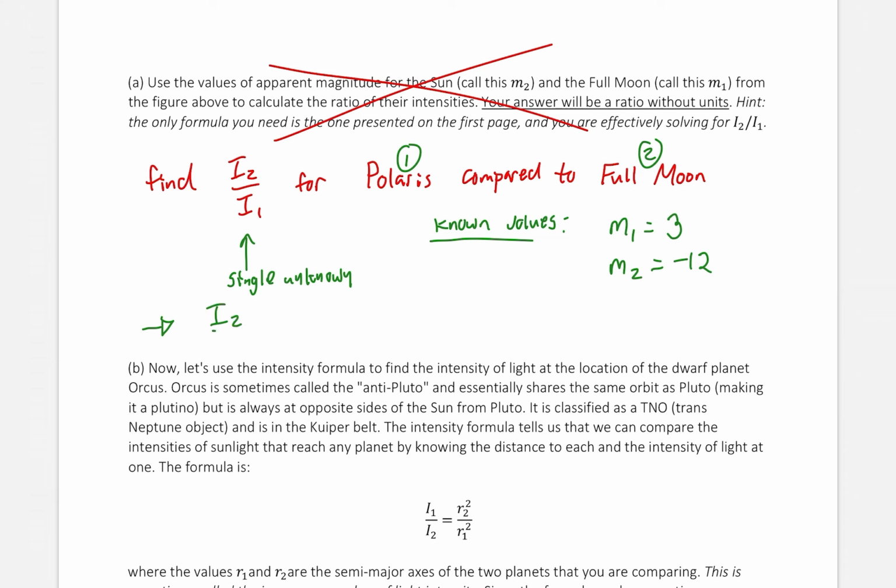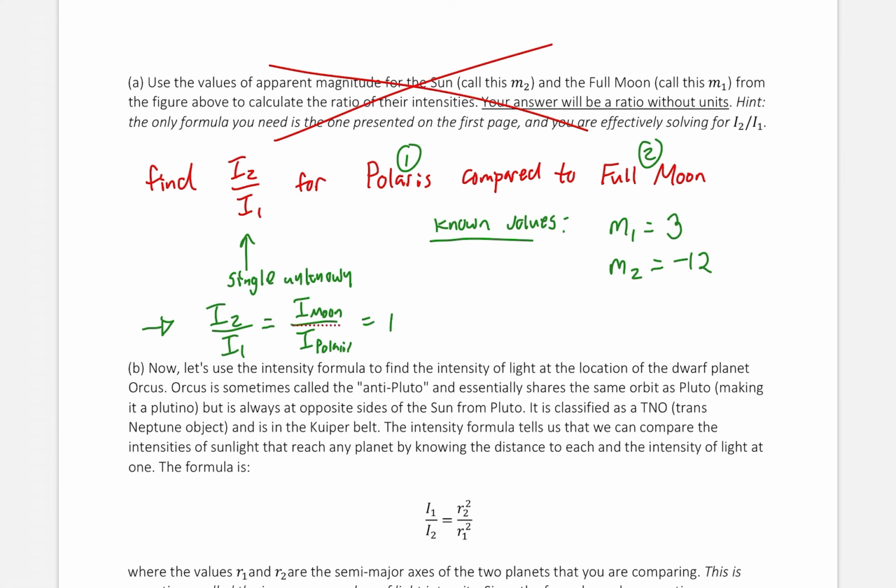So it's going to be I2 over I1, where of course that was the same as, and I will write this down just in case you got confused with your variables, I moon over I Polaris. Okay, so just equivalent statements.